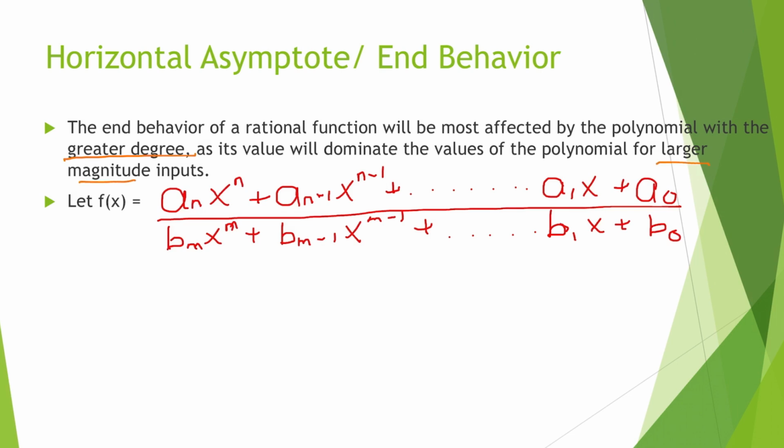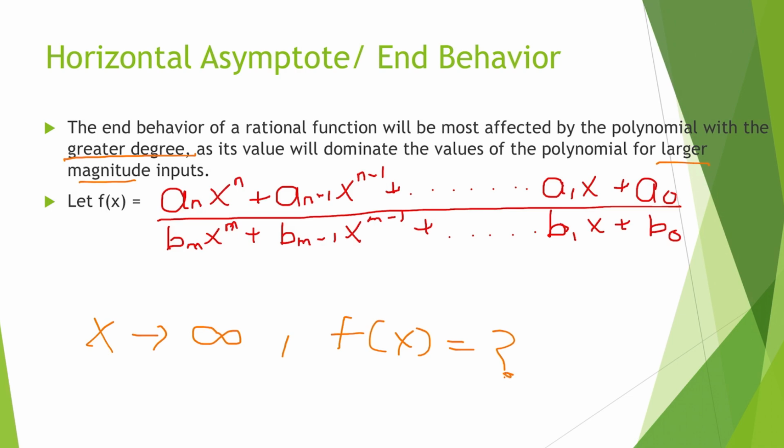So the horizontal asymptote is about this: if you put x to infinity, what happens to the function? Does it turn 0? Does it also go to infinity? Does it become undefined? That's what the horizontal asymptote is about finding, okay? When your x turns to infinity, what happens to your f of x?